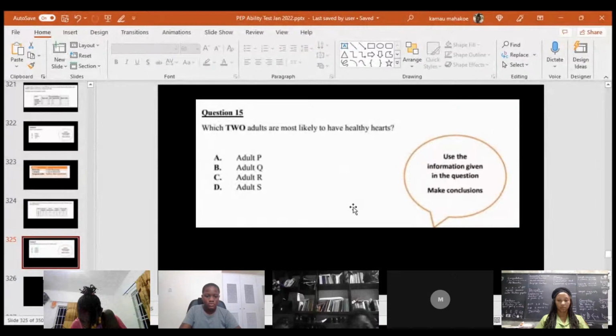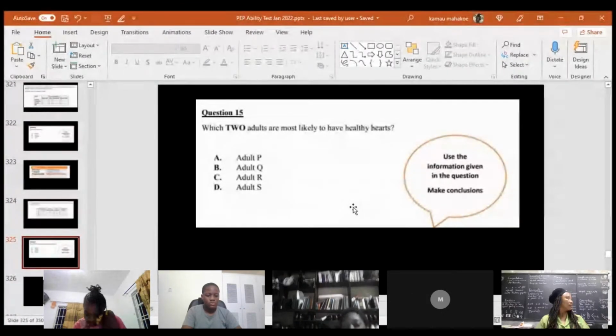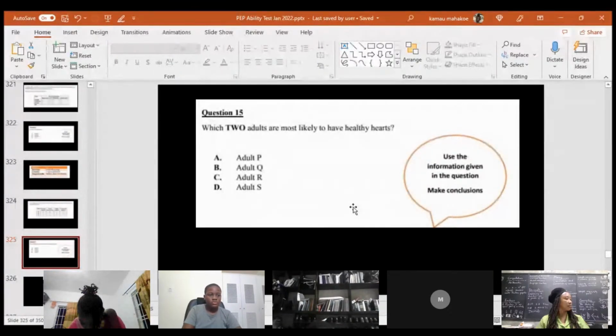Question 15. Which two adults are most likely to have healthy hearts? A. Adult P, B. Adult Q, C. Adult R, D. Adult S.